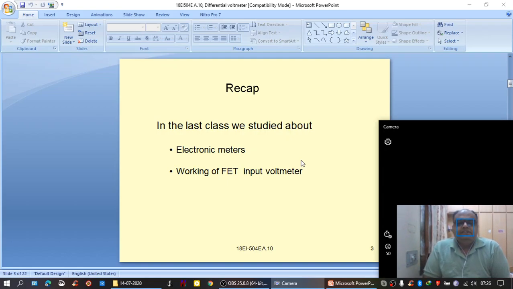Input impedance is very high and loading effect of the devices would be very nominal compared with the electrical measuring instruments.